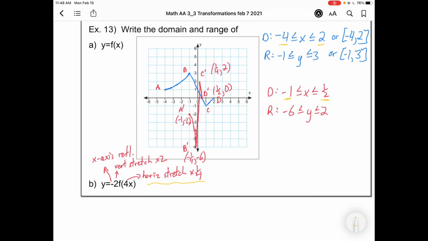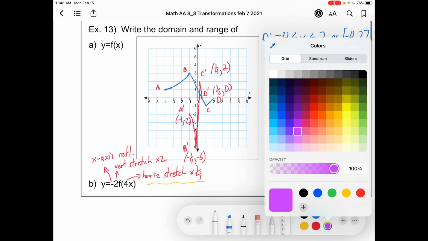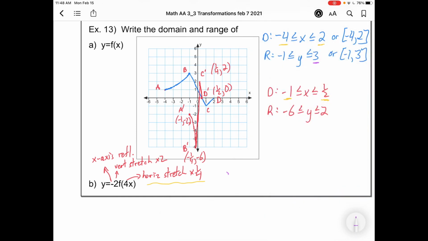The range, you do have to be aware of our reflections. So let's pick a nice color here. If I'm doing an x-axis reflection and a vertical stretch by 2, I'm taking that 3 and I'm multiplying it by -2, essentially. I'm taking the y values and multiplying them by -2. So 3 times -2 would be -6 at one boundary, and then 2 at the other. -1 times -2.